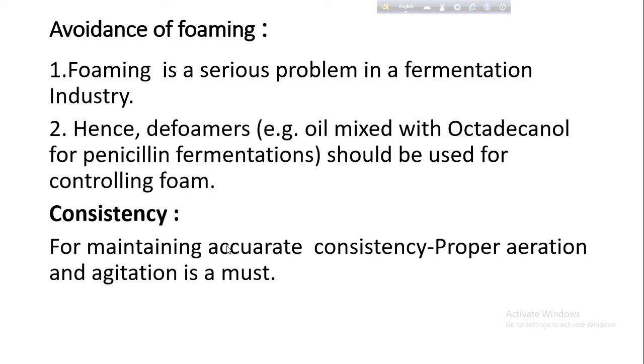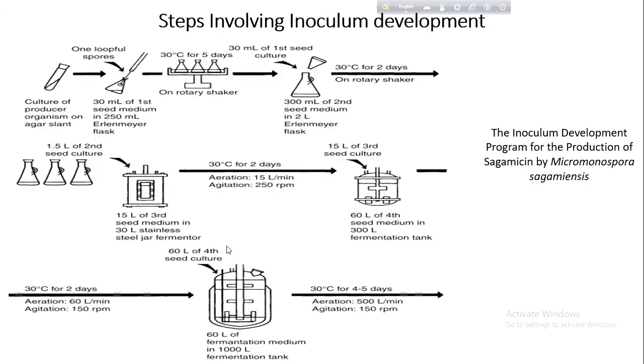Then we have to keep the quantity of foam to a minimum. And the final thing is to maintain the proper consistency by applying an appropriate aeration and agitation system. Now in the later portion, we will see the steps involved in inoculum development for industrial fermentation procedures.